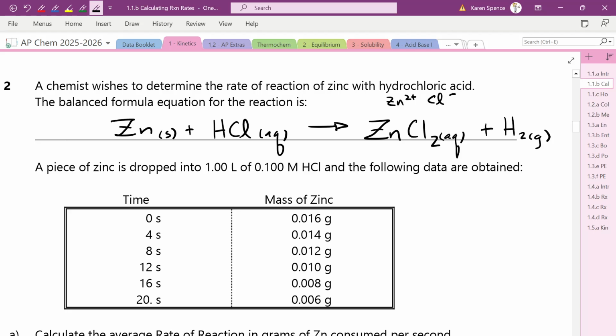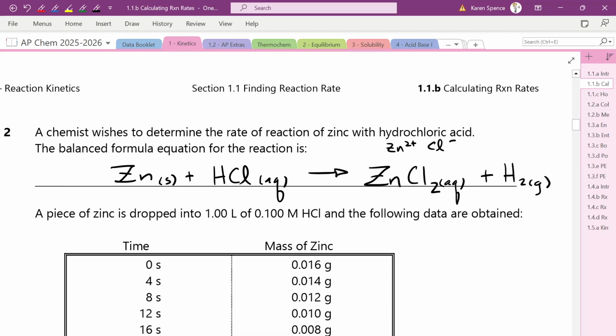Now, if I said to write the complete ionic equation for this, would you know what to do? So our complete ionic equation, I'm going to just ignore the states here for now.